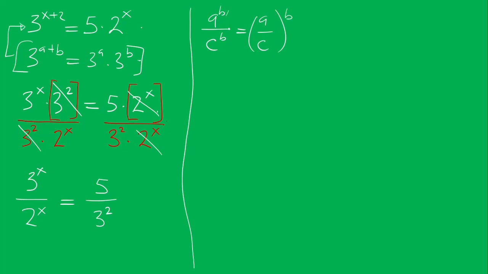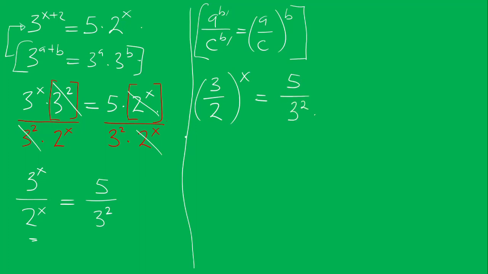Since the exponents are the same, you can express them in this form. So we apply that here. You now have 3 divided by 2 all to the power x, which is equal to 5 all over 3 to the power 2.